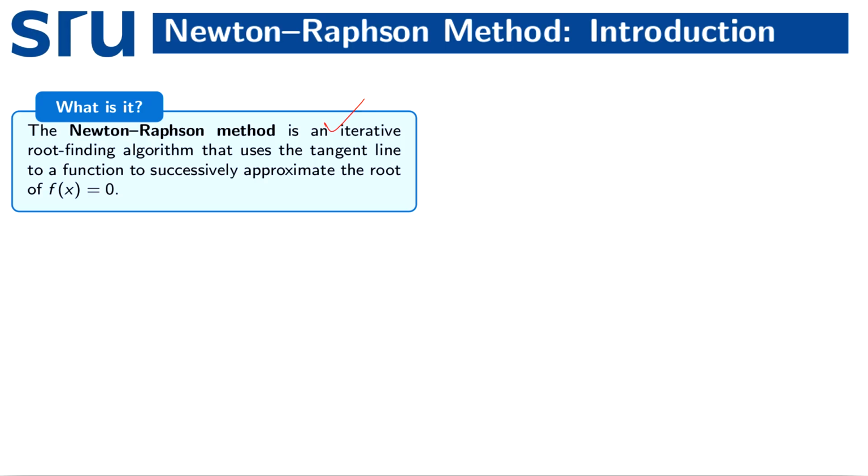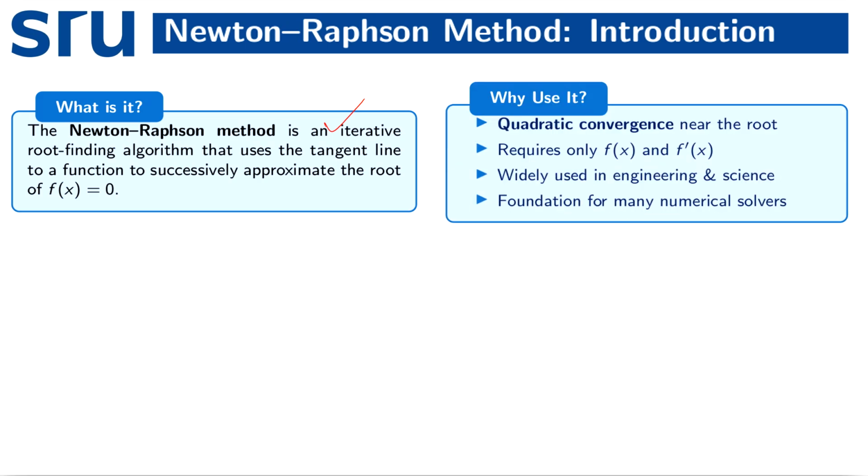Now, here comes the most interesting part. This method actually uses the tangent line of the curve. So instead of directly solving the equation, we use a geometrical idea. Let us imagine you have a curve representing the function f of x.